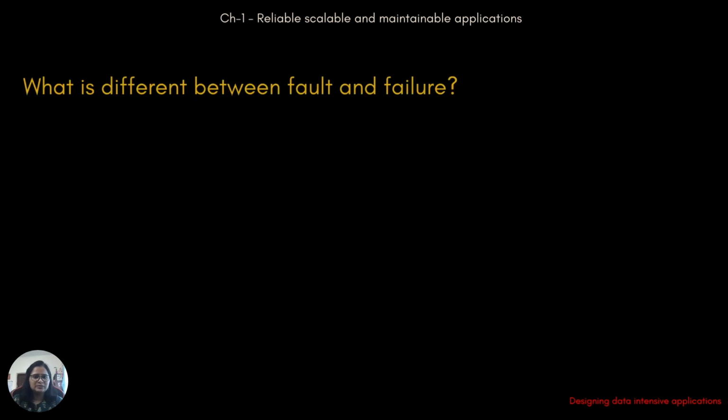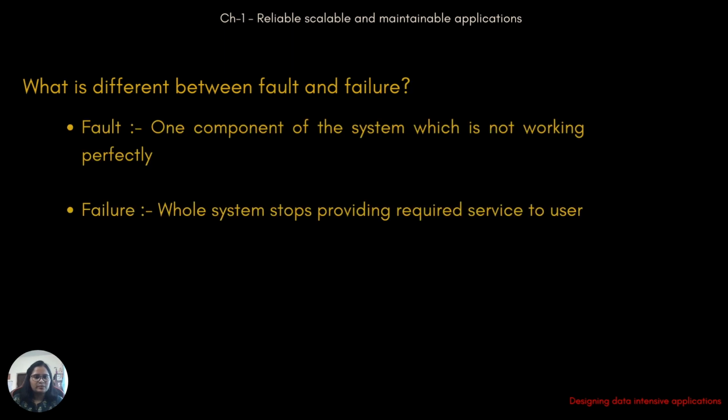What is the difference between fault and failure? The things that can go wrong are called faults, whereas systems that anticipate faults and can cope with them are called fault tolerant or resilient systems.